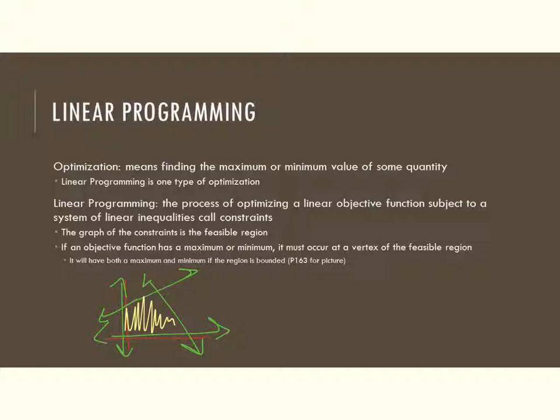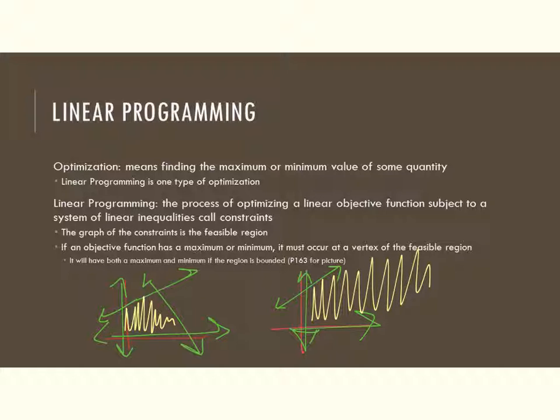But if you have an unbounded area, which might mean we just have these three, and our shaded area is everything out here, well, it's going to keep going forever, and it's going to keep going forever up. So technically it might not have a maximum. So let's look at an example.